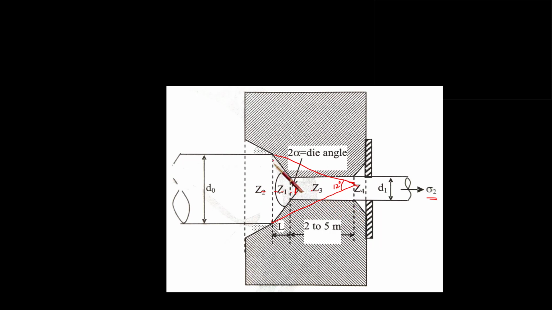What kind of thing are you able to see? If this is 12 degree, as you can see, the deformation rate is very less.